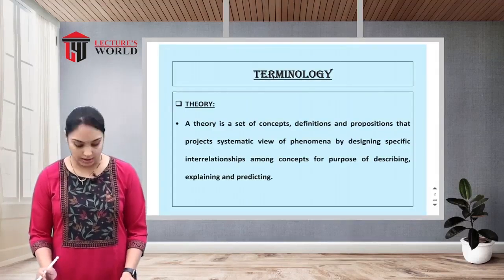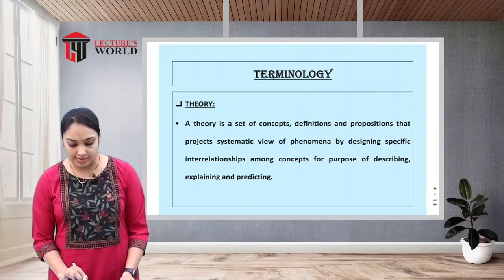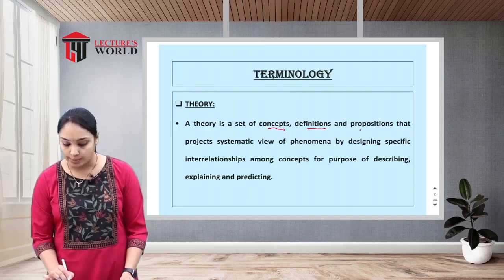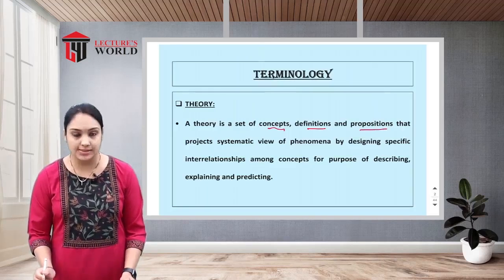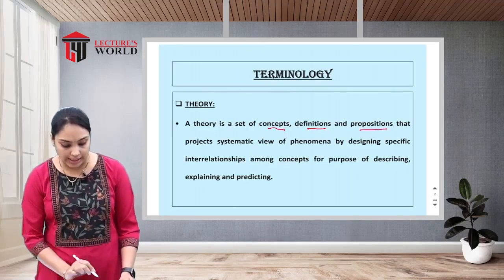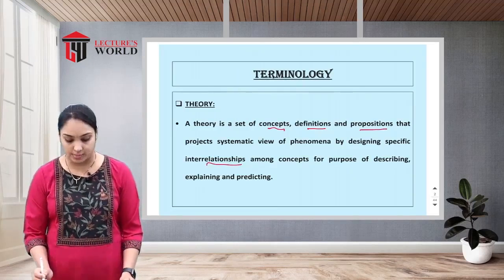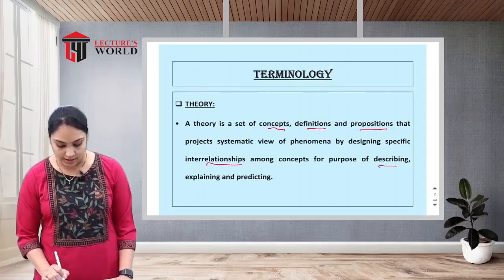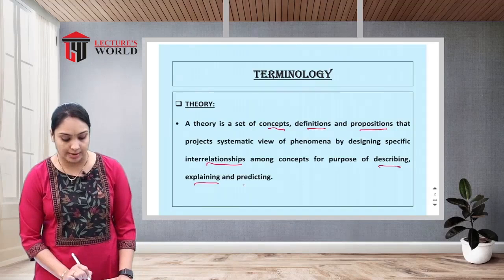What is theory? A theory is a set of concepts, definitions, and propositions that project a systemic view of phenomena by designing specific interrelationships among concepts for the purpose of describing, explaining and predicting.